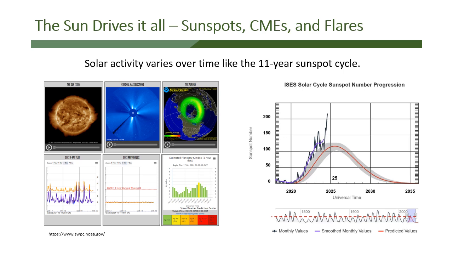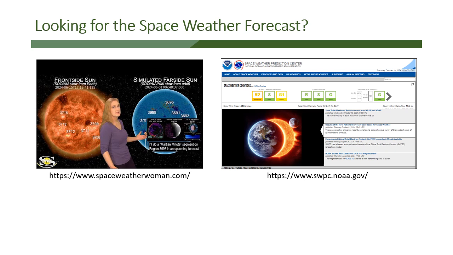Of course, there are HF frequencies, although limited, available for technicians. And besides the space weather at NOAA, we have a number of different broadcasters. Here we have on YouTube the Space Weather Woman, and she is very popular. She is a PhD in this subject, and she gives out reports on what's happening with the sun.